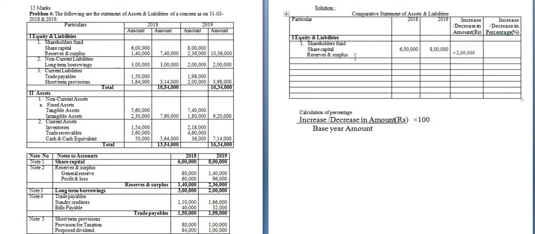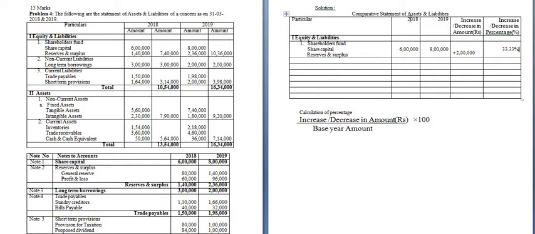And what is the base year amount? 6 lakh. So 2 lakh divided by 6 lakh, how much is the percentage? 33.33 percentage. Okay, so this is about share capital.